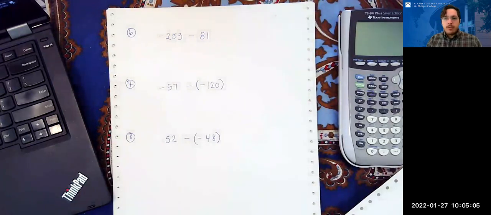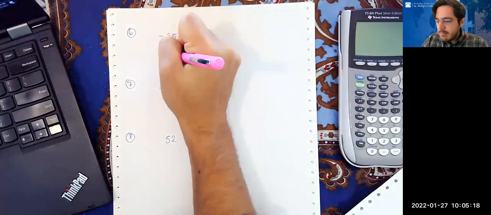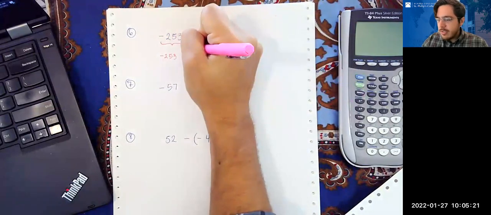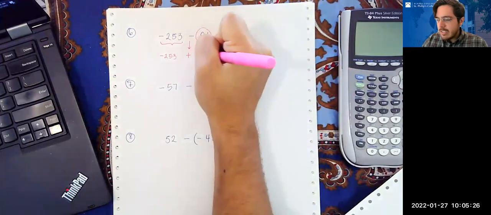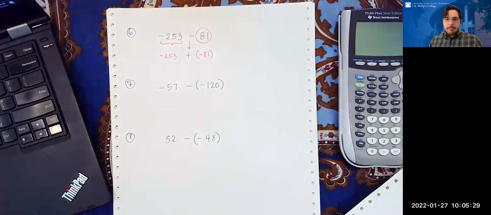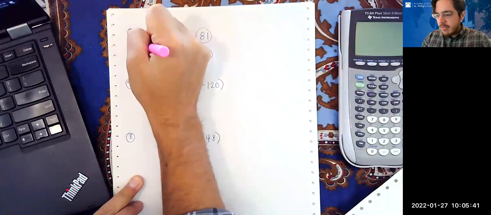Okay, so for the first one, how do we want to proceed? Keep, change, change, right? So I'm going to keep this number the same, change to addition, change this number to negative 81, to its opposite. And just add. So now they're the same sign, so we're adding with the same sign.